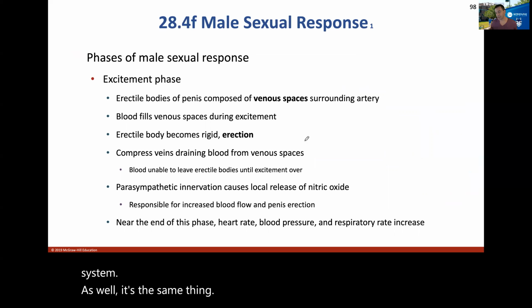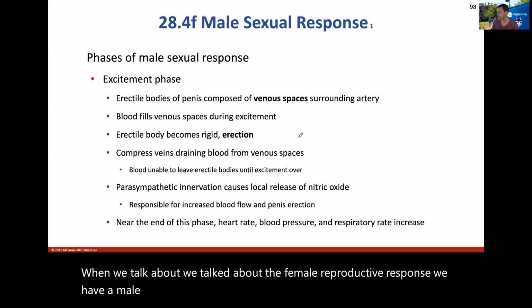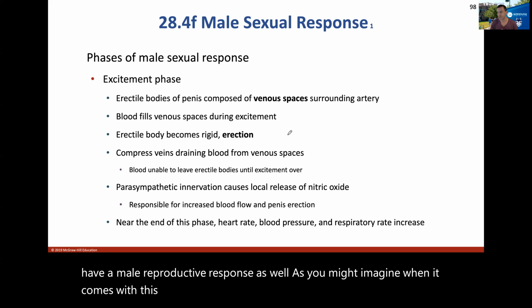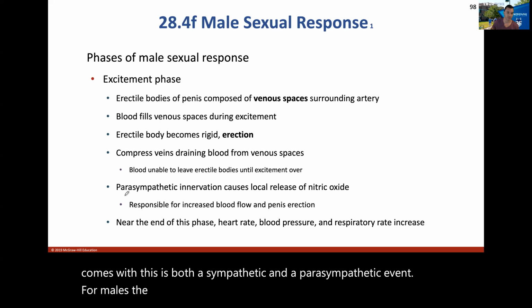When we talked about the female reproductive response, we have a male reproductive response as well, as you might imagine. This is both a sympathetic and a parasympathetic event. For males, the excitement phase is involving parasympathetic input.